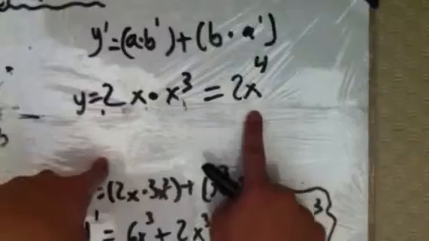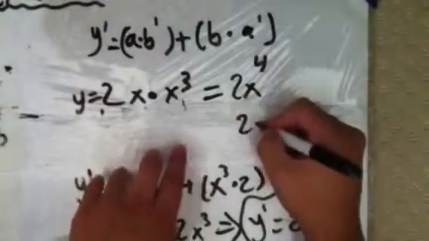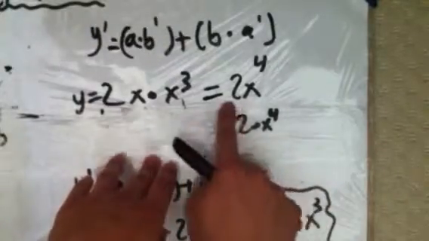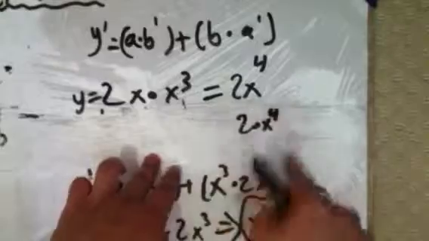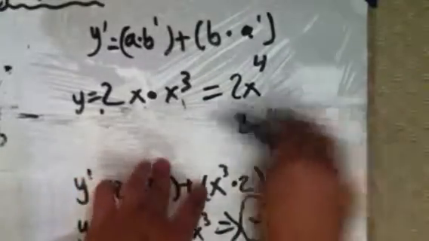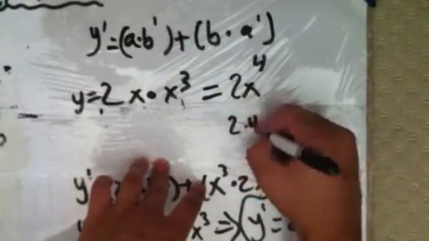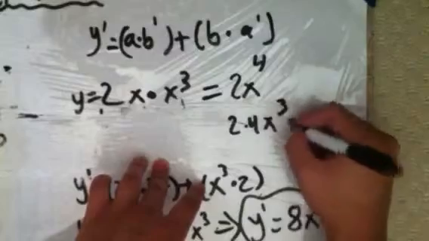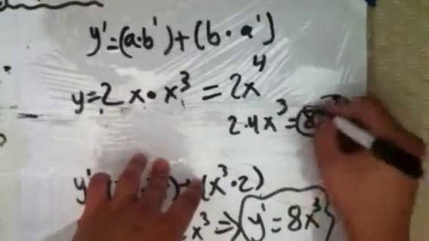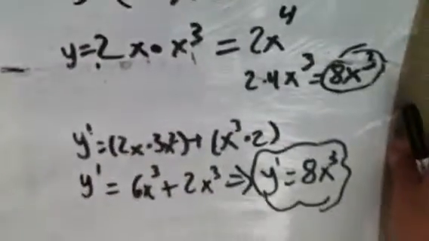It would be 2 times x to the fourth, and so you could use the product rule for that. But since 2 is a constant, you don't have to do the whole product rule. Because the derivative of 2 is just 0, you could just take the derivative right away. So it's 2 times 4x cubed, which is 8x cubed. So the answer we got down here is right.